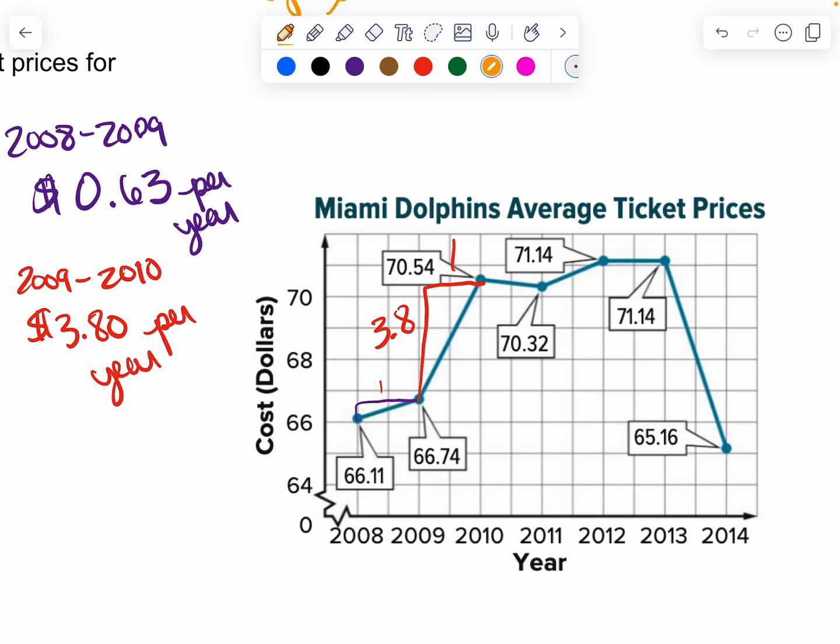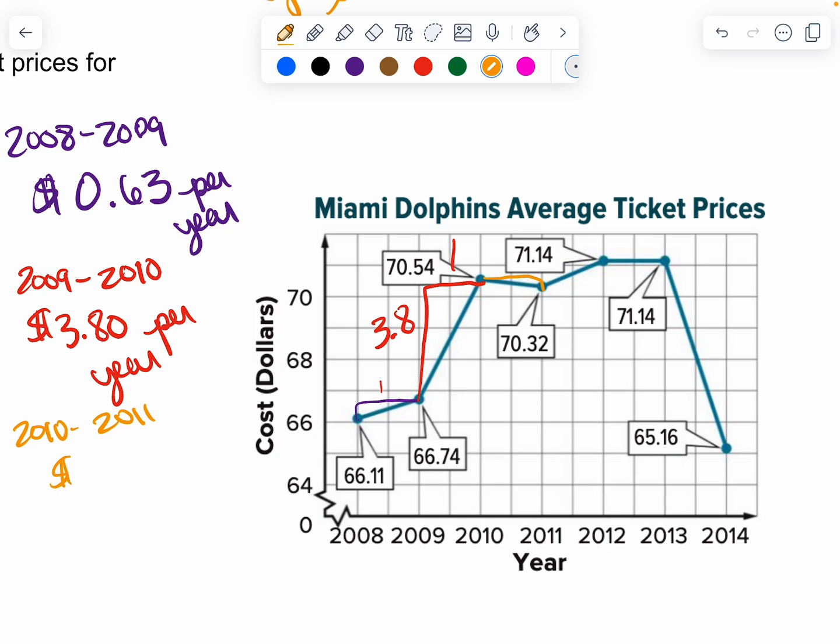Then look at this one. Oh, we went down a little bit. Okay, this is how much is that for 1 year? Okay, yeah, it's 2010 to 2011. So they are going from 70.32 minus 70.54.